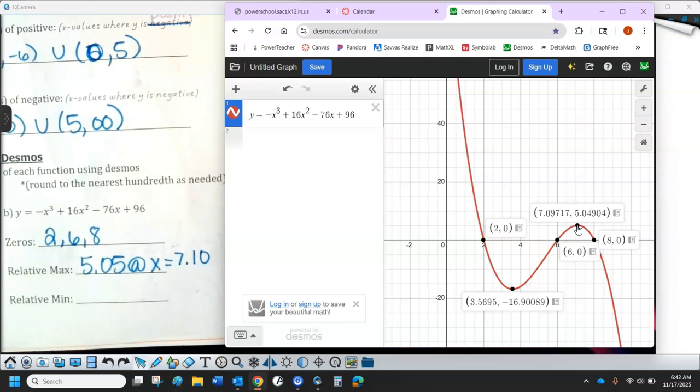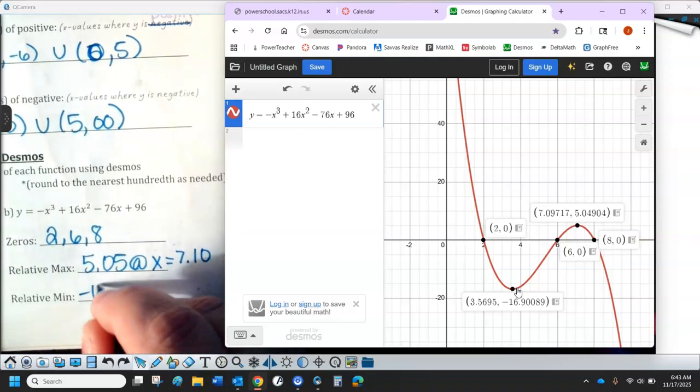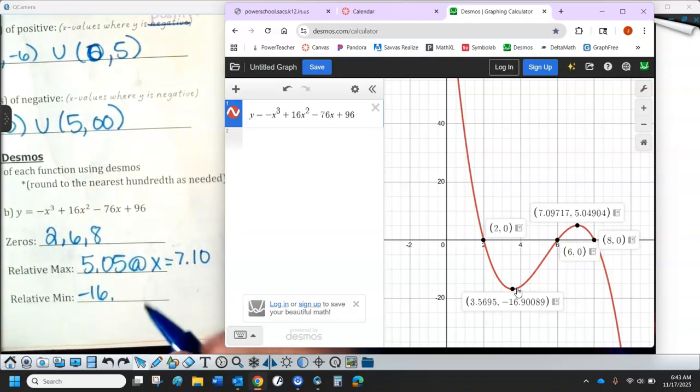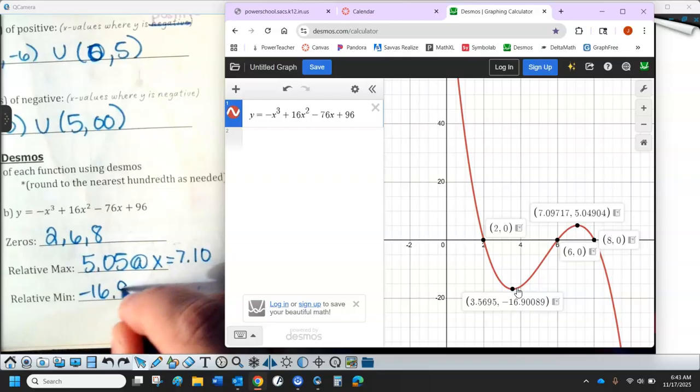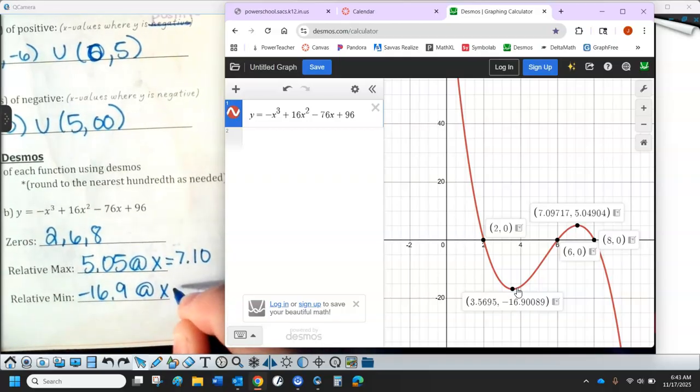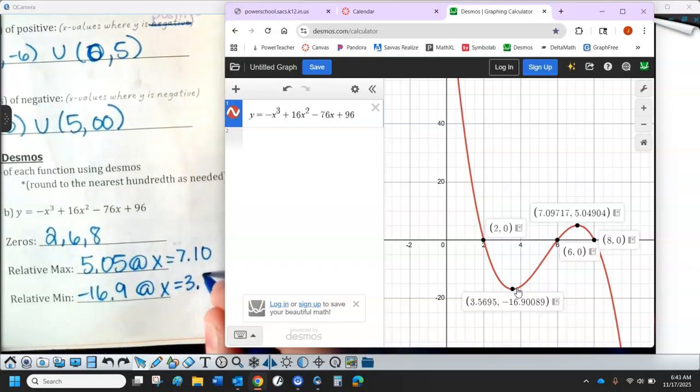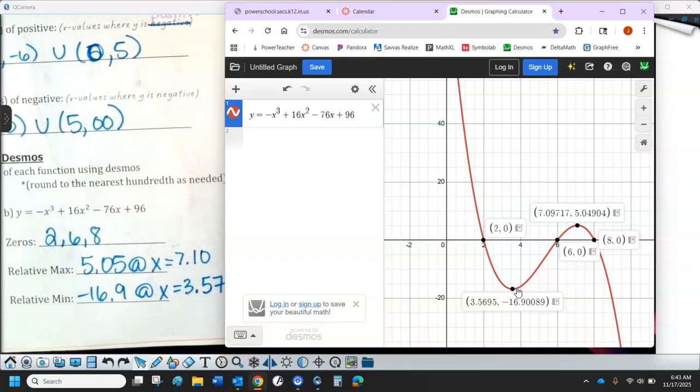All right, now your relative minimum is going to be right here, the bottom of what looks sort of like part of a parabola. So I'm going to say that's negative 16.9, and that occurs at the x value of about 3.57 to the nearest hundredth.